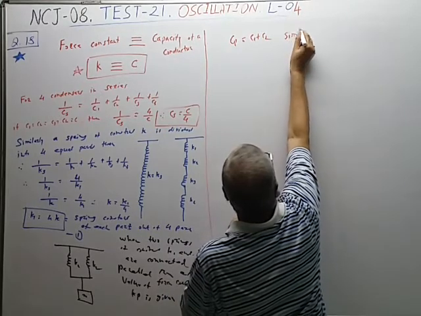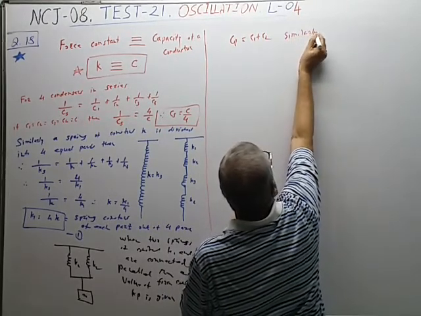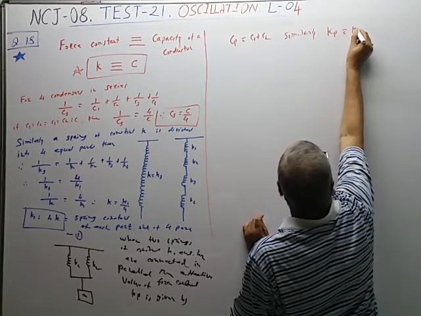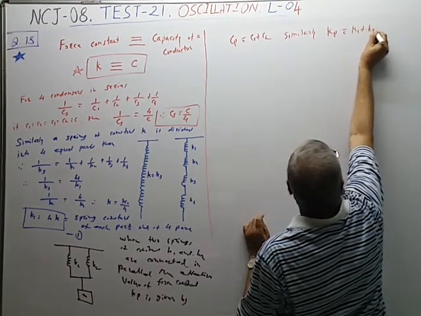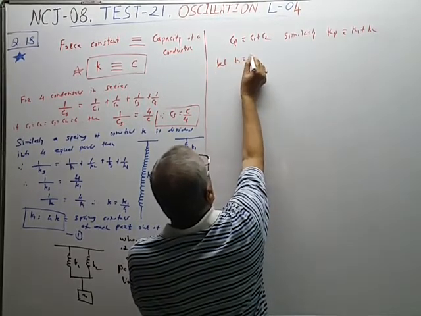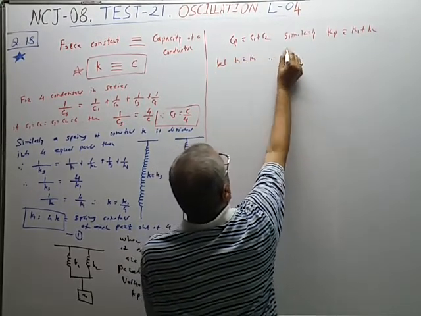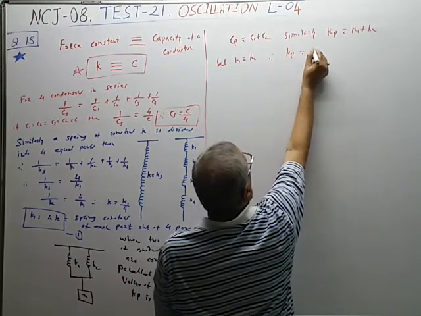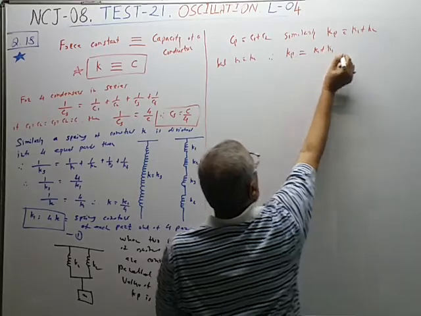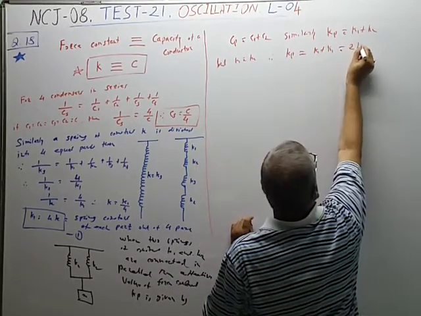Similarly Kp is equal to K1 plus K2, but K1 is equal to K2. Therefore Kp is equal to K1 plus K1, that is equal to 2 times K1.